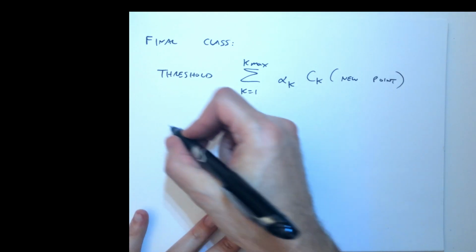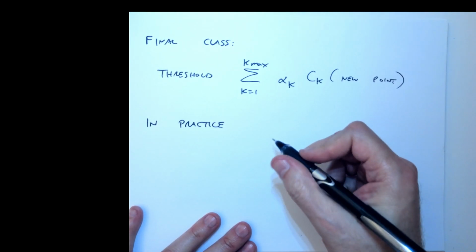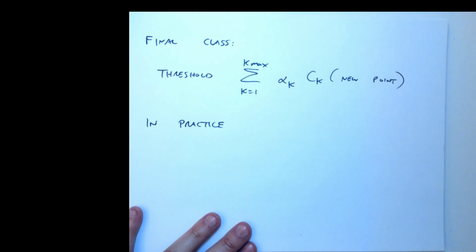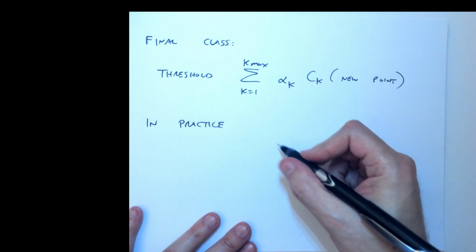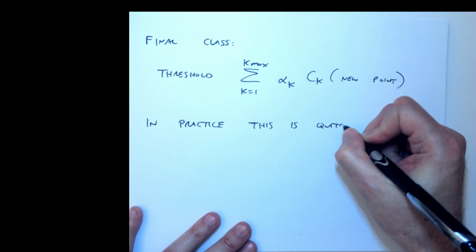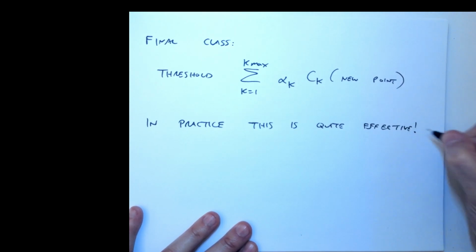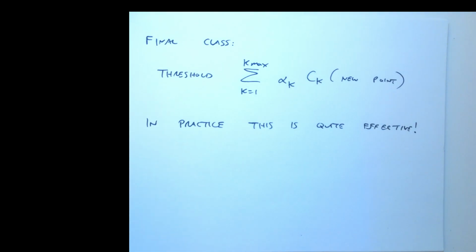So in practice, this is very effective. When AdaBoost came out, suddenly everyone realized that this could take somewhat crappy decision trees and turn them into really good boosted classifiers. So in practice, this is definitely worth looking at. And so that's bagging, boosting, AdaBoost.